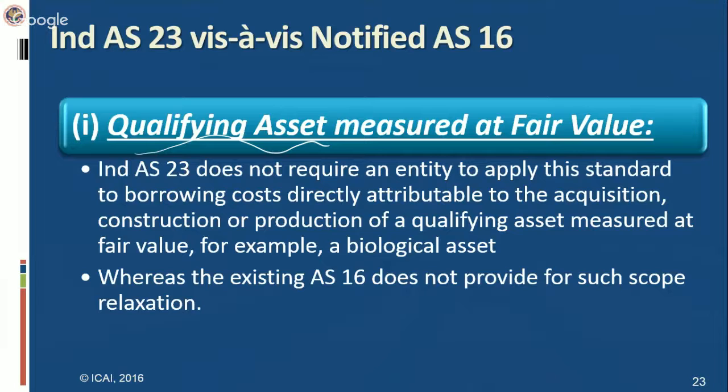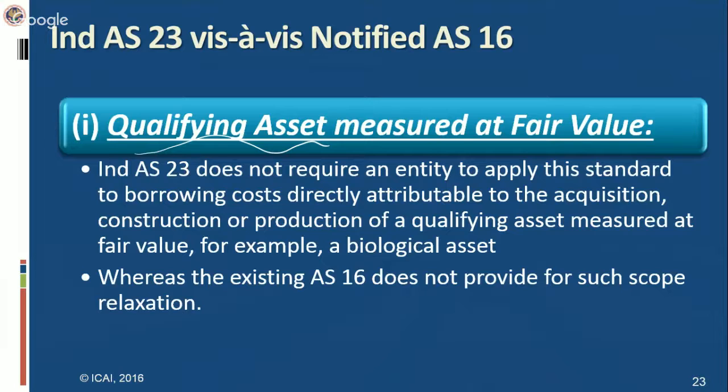So first of all, we should understand that the terminology and definition of qualifying asset will remain the same, but Ind AS 23 does not require this for assets that have to be measured at fair value. For example, a biological asset.